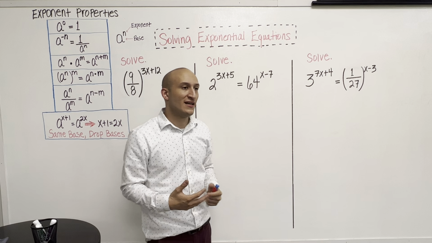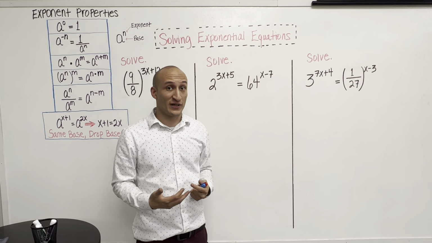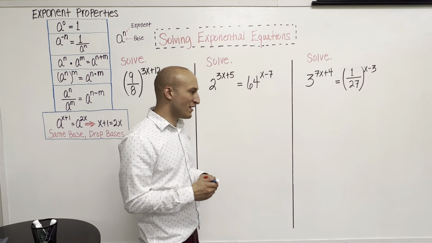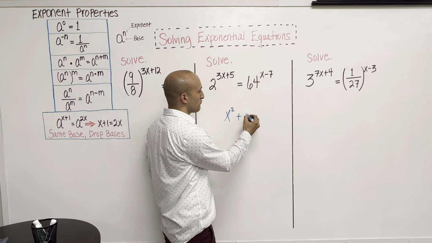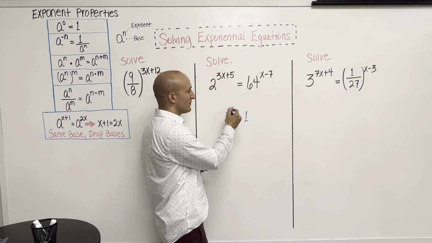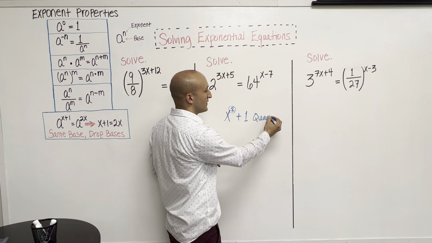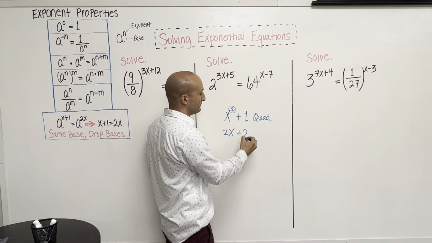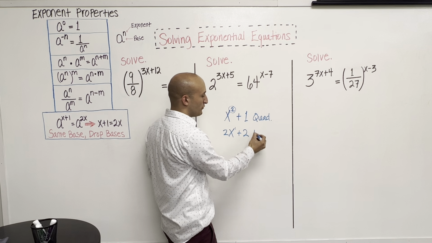Now, how do I know if an equation is an exponential equation? If we see an equation like this, oh look, squared. So this is a quadratic. If we have something like this, that's a 1, so this will be linear.